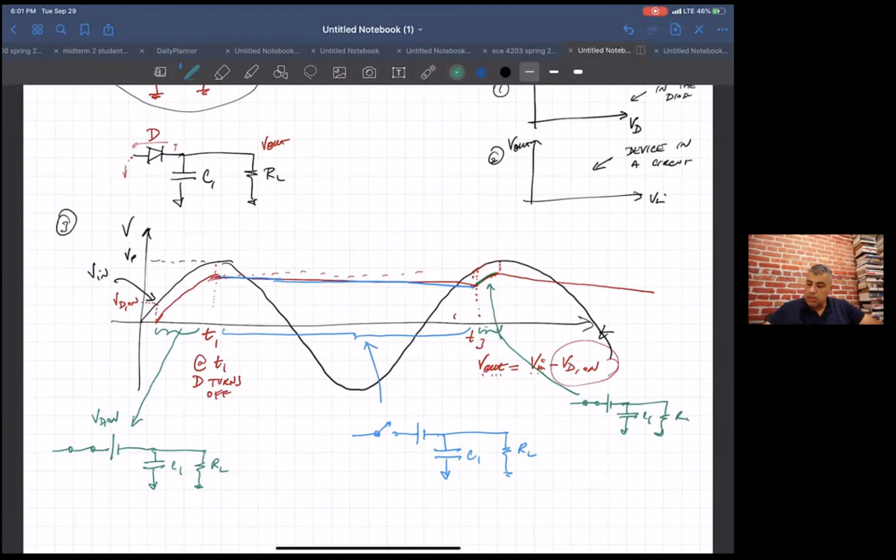So again, the cycle repeats. And then here again, the diode is open.